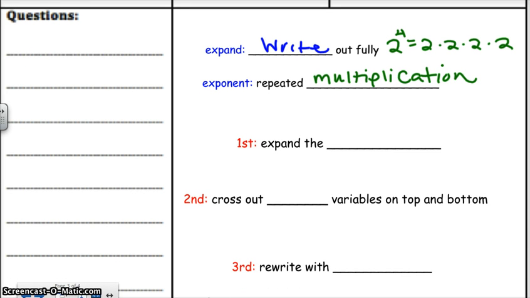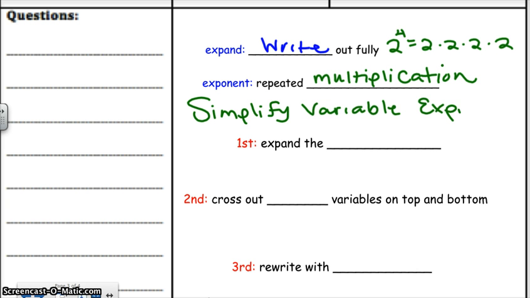Okay, I have my notes written weird today. This is a new topic. It is how we simplify variable expressions. That's our heading. It should have a heading in your notes. It doesn't, but I'm talking about what are we going to do?